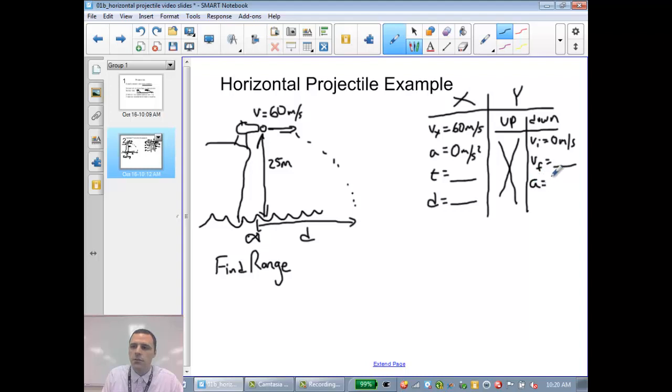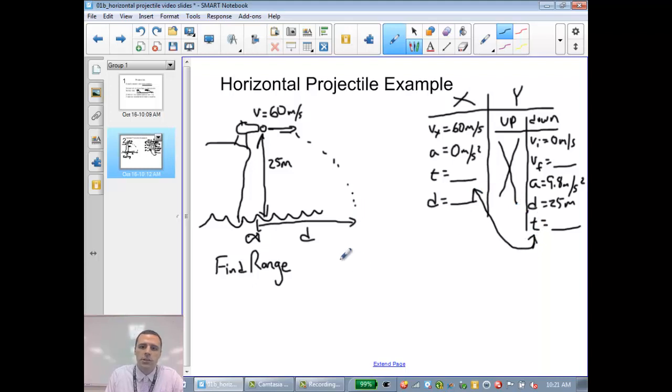We do know its acceleration rate, because now in the vertical direction, gravity is accelerating the object, accelerating at 9.8 meters per second squared. The distance that it falls, we do know that, it's 25 meters, and the time is unknown. When you're doing a problem like this, we separate x and y, but the one thing that joins the two is time. Time can connect both sides.